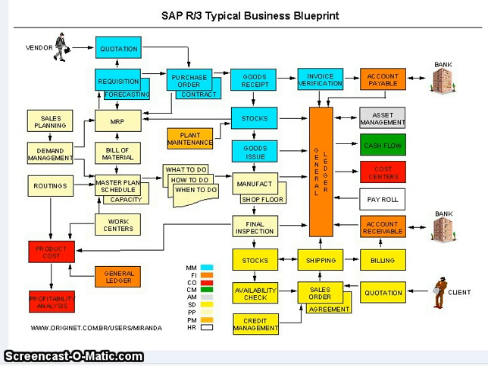What I wanted to talk to you about today is how SAP FICO fits in with the typical SAP ERP system. As you can see in this diagram that I have for you, a typical SAP R3 blueprint has a lot of components to it, and it is very complex.